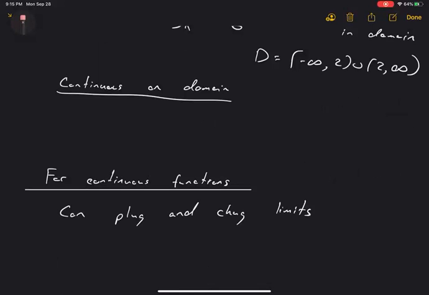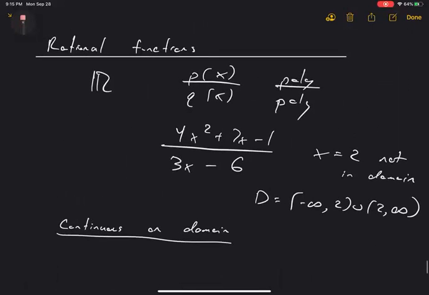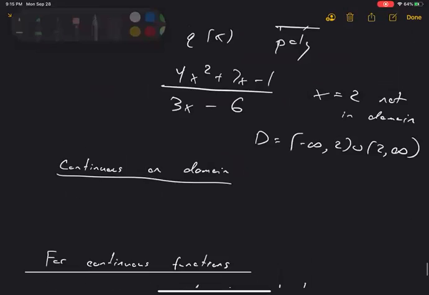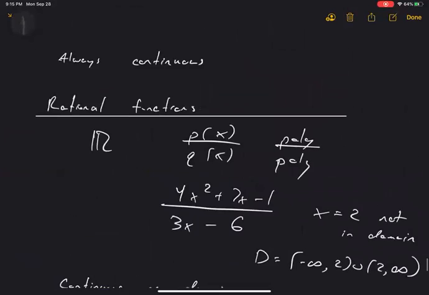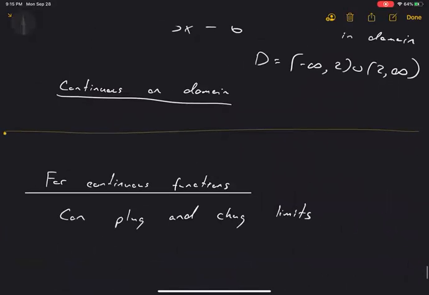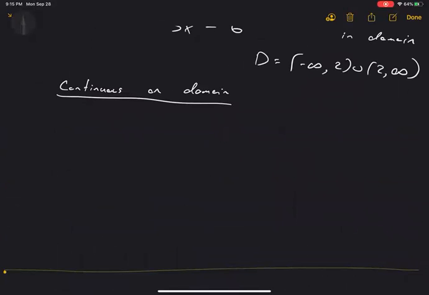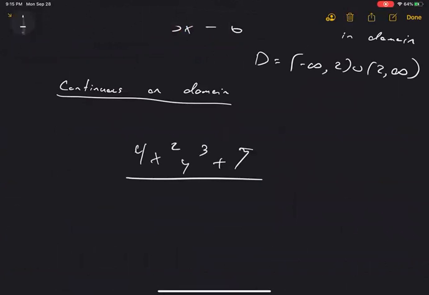It works the same way for multivariable rational functions. So again, I have that multivariable analog. What's the multivariable rational function? It's one multivariable polynomial over another. So something like 4x squared y cubed plus 7 over xy minus 1.